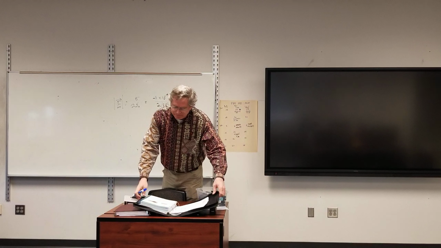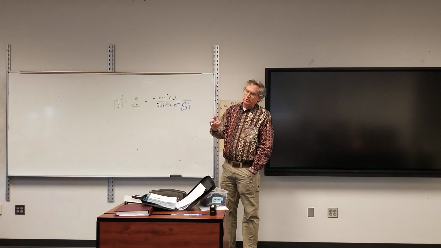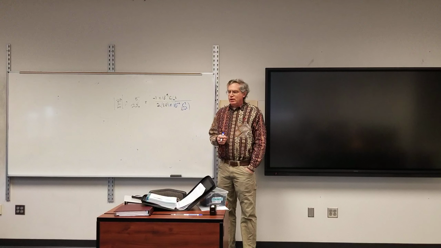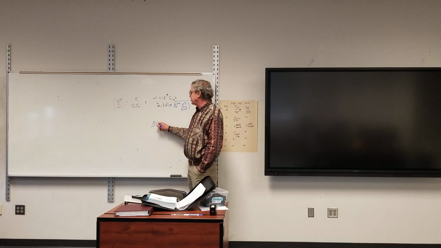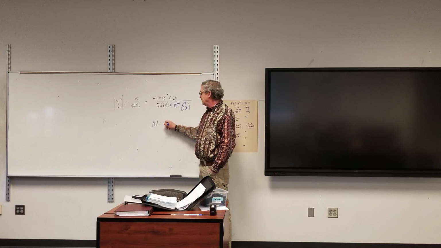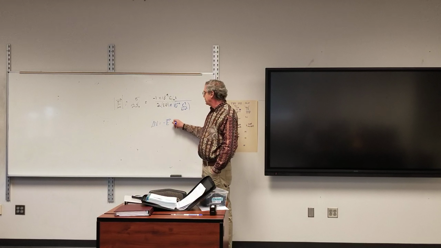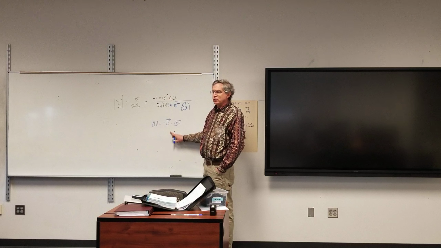Part B is a little bit questionable about how you want to interpret it. I believe the intent is you're using the equation, and they actually want you to find the potential difference between the ground and that point. The electric field is constant, so we can use this equation.